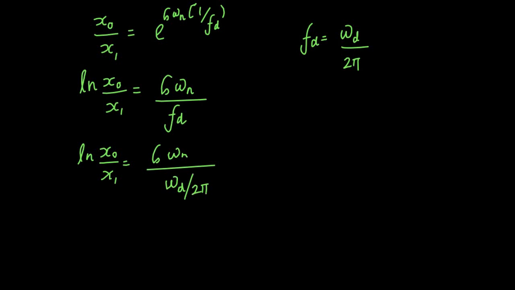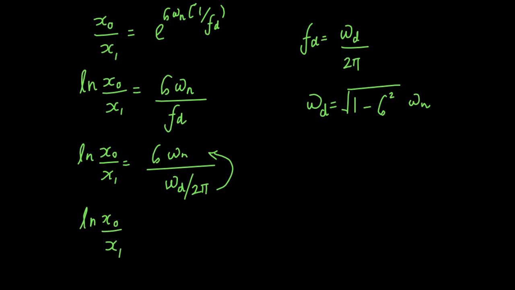In the next step, I'm going to take this 2 pi to the numerator. And I also have an equation for omega d, which is square root of 1 minus zeta square into omega n. All these concepts are derived in part 2 and part 3. You may want to check that. So the natural logarithm of x naught over x1 is equal to 2 pi zeta divided by square root of 1 minus zeta square.